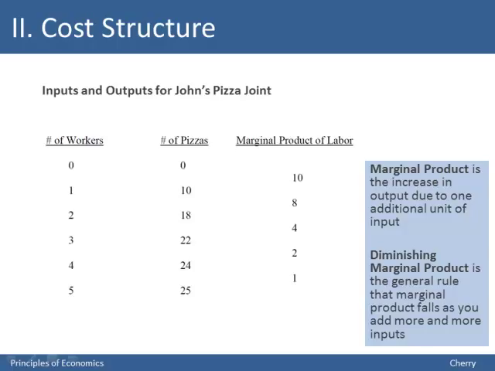So we have a fixed number of stoves, a fixed number of registers, a fixed number of square feet in the store. So by adding more and more workers, you're eventually going to get to the point where those additional workers are going to have less to do. And even the marginal product of labor might become negative because they can start getting in each other's way, undermining the workers' productivity.